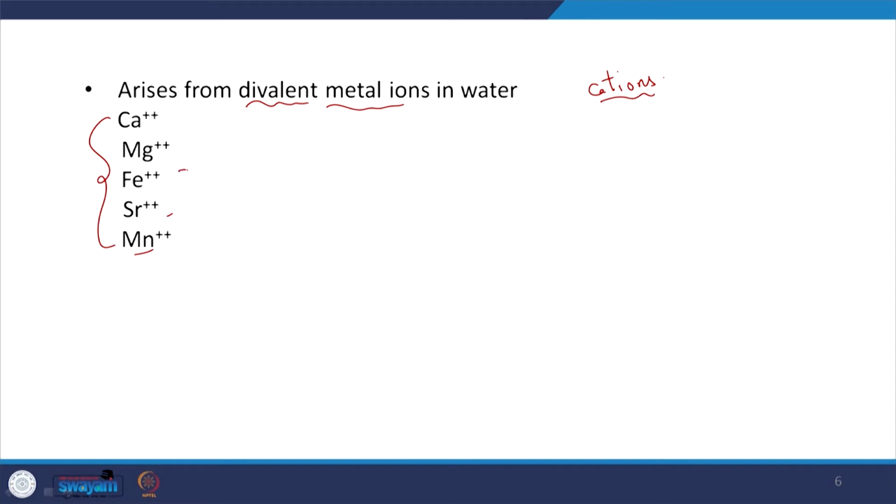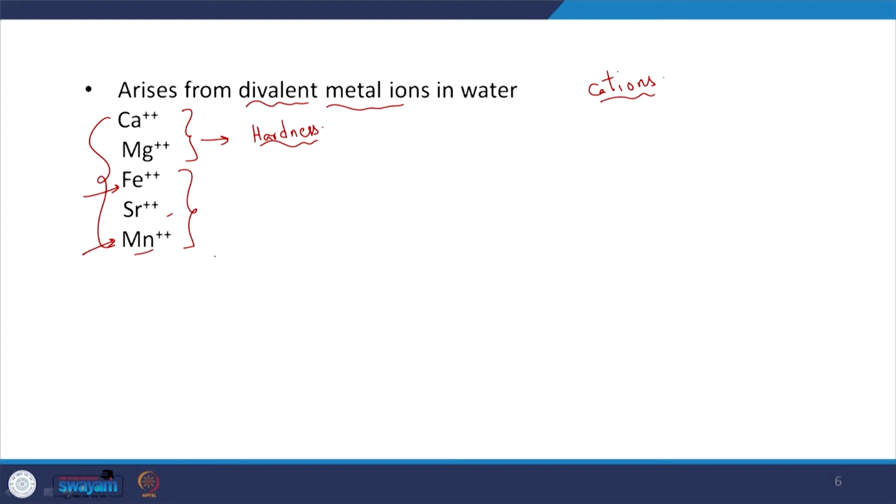But in general, they are not present a lot, or at least iron and manganese are removed pretty well in a different way by aeration and such. But what is usually present because of the calcite or dolomite deposits in the groundwater is calcium and magnesium. So, when I am talking about hardness, I am typically concerned with calcium and magnesium, right. That is something to keep in mind.